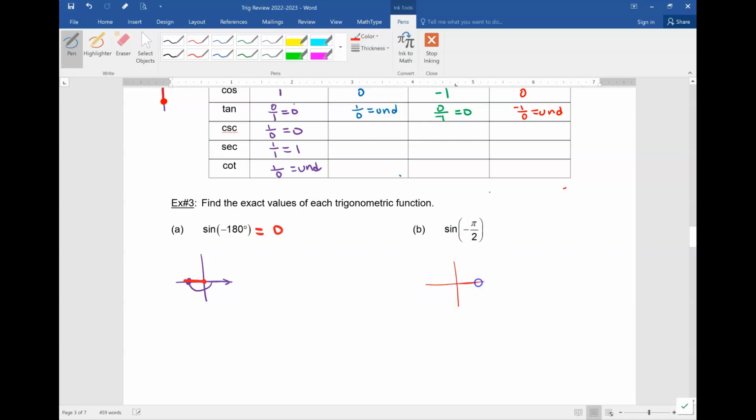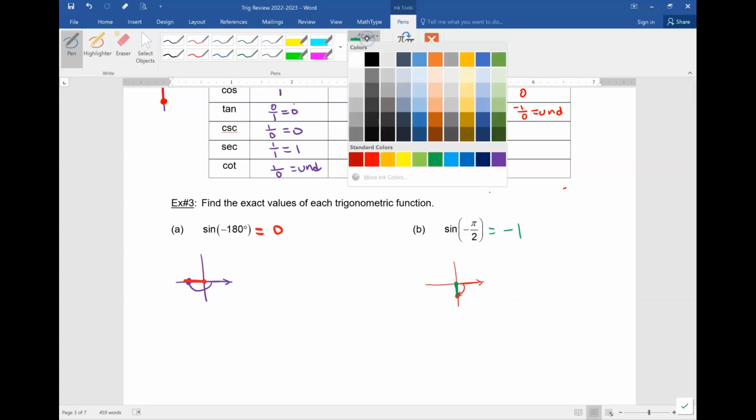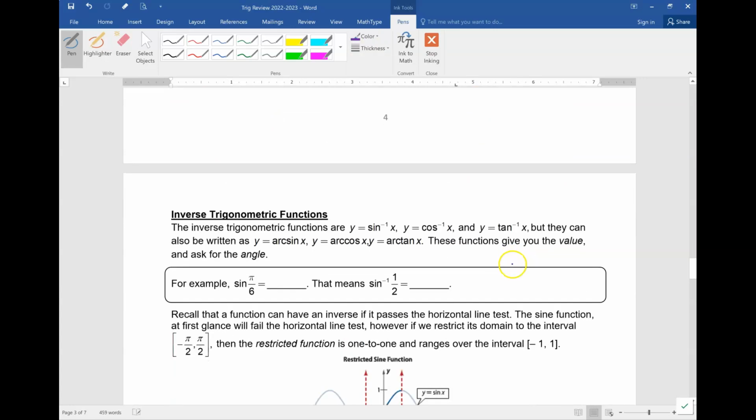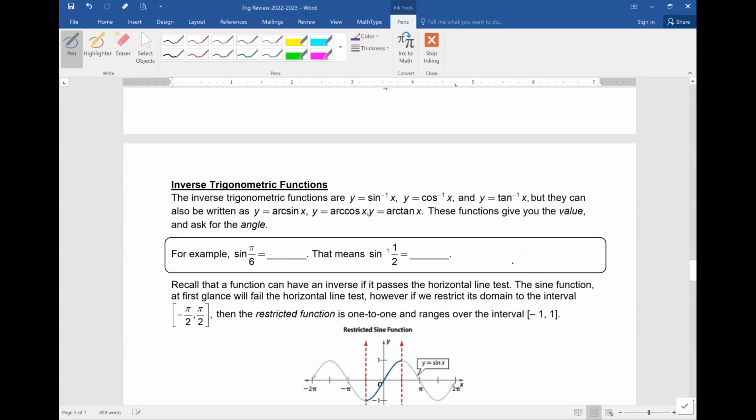Where is negative pi over 2? I start here. I go this way to pi over 2 right there. So now here's the question. To get to that point, sine is the vertical distance. How much do I go vertically from the origin to that point? Down 1. So that's negative 1. Okay. Let's move on to inverse trig functions.